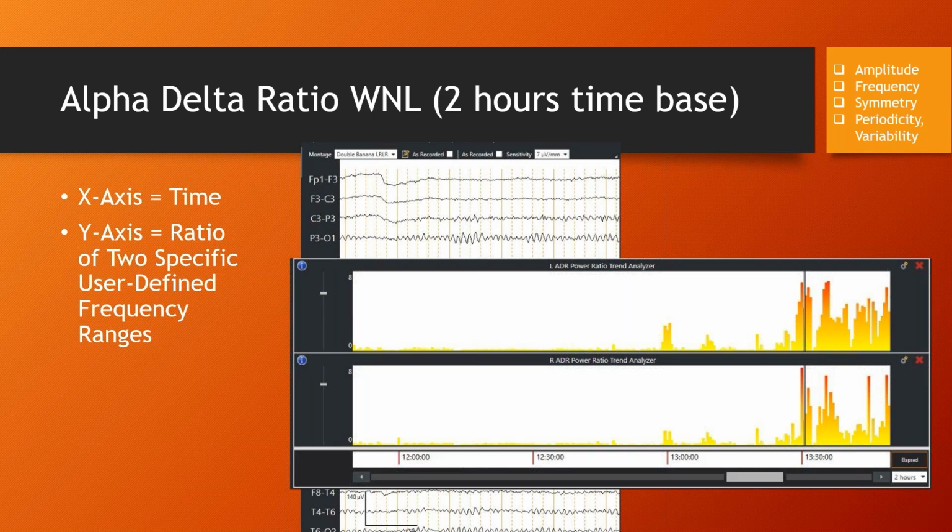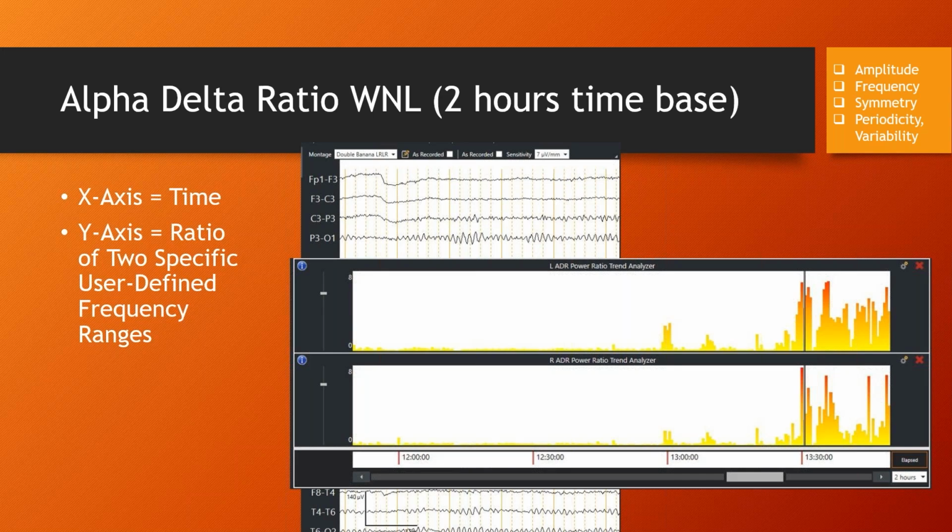Well, you have a measure of amplitude, but you're really looking at a frequency ratio. You can see we've got left over right, so you can see it's symmetrical. And you can see it's not really periodic, but it's variable. So variable over those 2 hours in that you see changes in the alpha delta ratio.